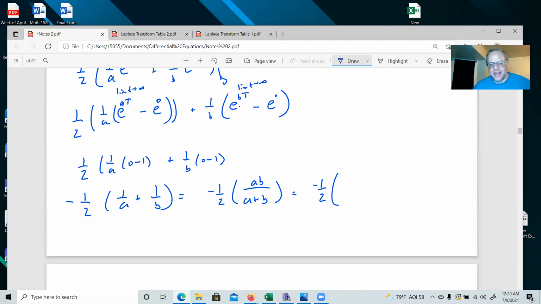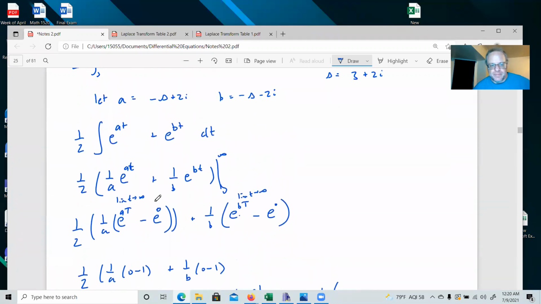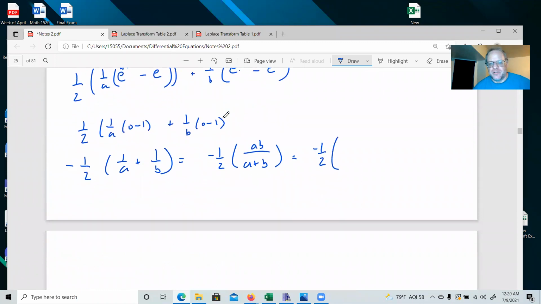So this is equal to negative 1/2. What was a? A was negative s plus 2i. Oops, I got the wrong ones. This was a plus b, and the denominator is ab. Sorry about that.